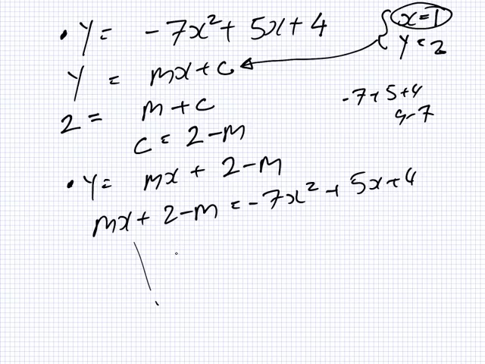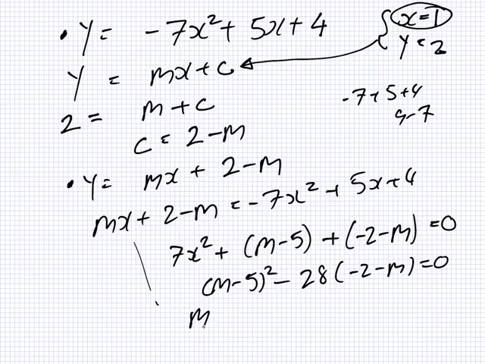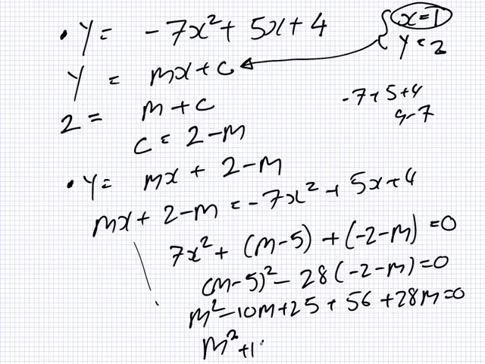So that is 7x squared plus (m minus 5)x plus (minus 2 minus m) equals 0. b squared minus 4ac should equal 0. So m squared minus 10m plus 25 plus 56 plus 28m should equal 0. So m squared plus 14m plus 80. Did I make a mistake?